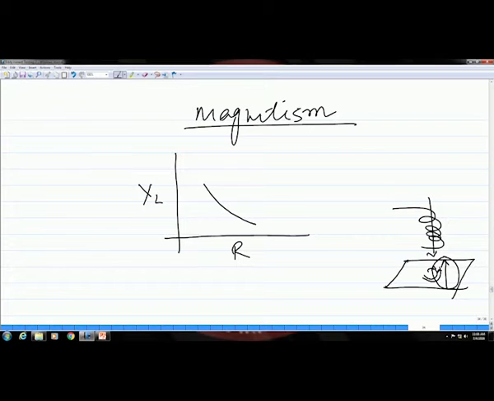Okay. And it will also reinforce or concentrate the magnetic field of the primary coil. Okay. As a result of that, the reactance will increase instead of decreasing, unlike the non-magnetic material case wherein the reactance decreases. Okay. So, this is the effect of the magnetic permeability of the material.